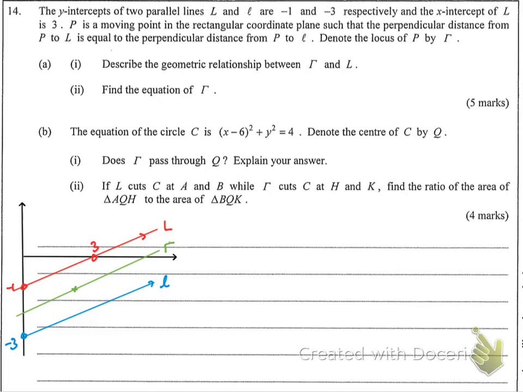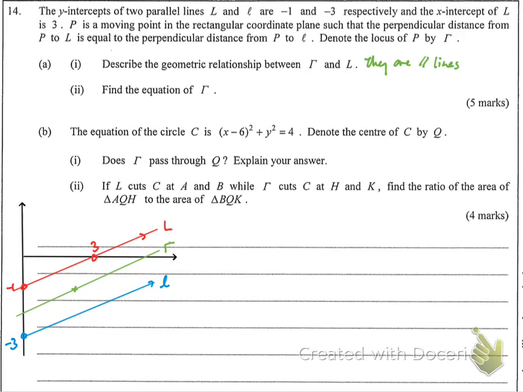In part A1, describe the geometric relation between gamma and L. Now, the geometric relationship is that they are parallel. They are a pair of parallel lines. And then we want to find the equation of gamma.